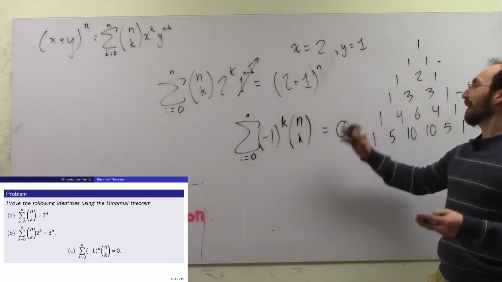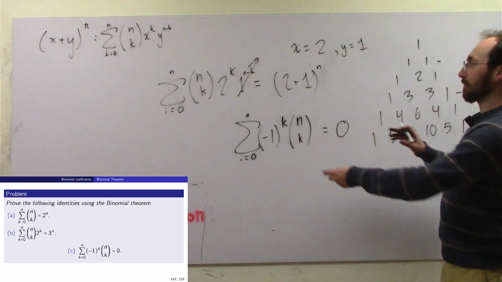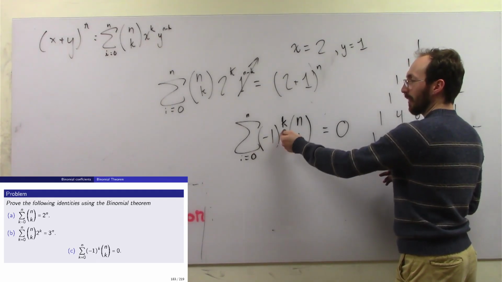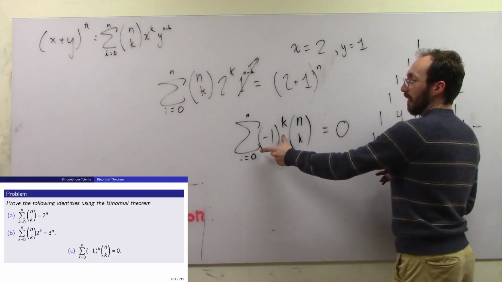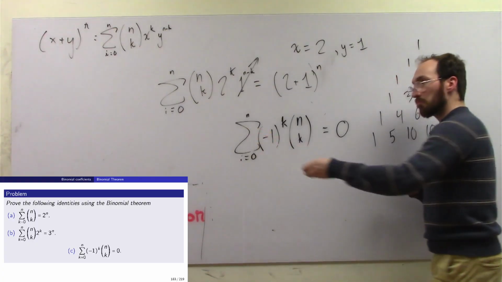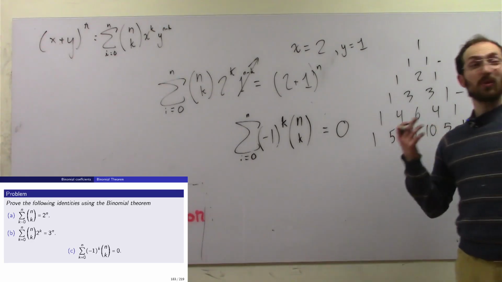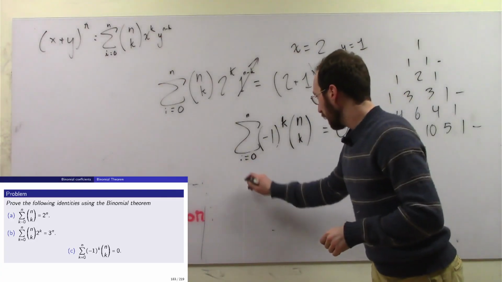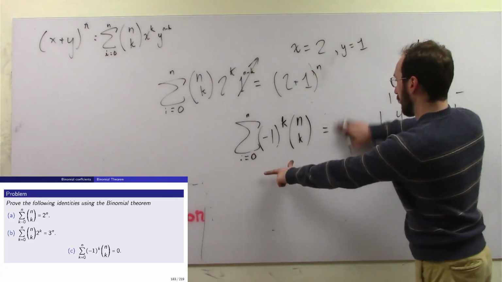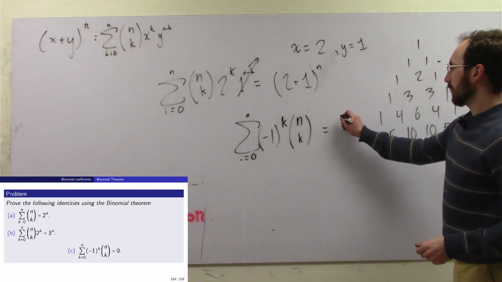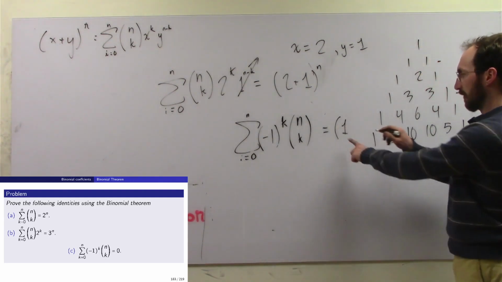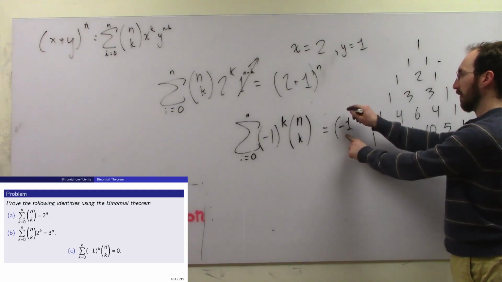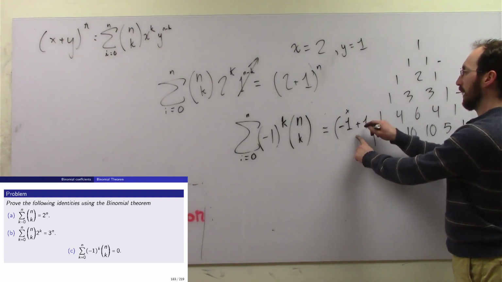So what do we do here? Well, this is great. We see on the left side we have minus 1 raised to the k. That's our x. And y is missing. So that, in a sense, means that y should be equal to 1. So minus 1 is our x, and y is 1.